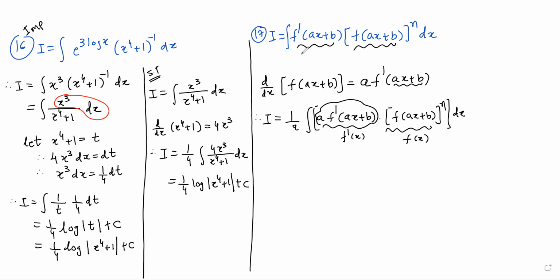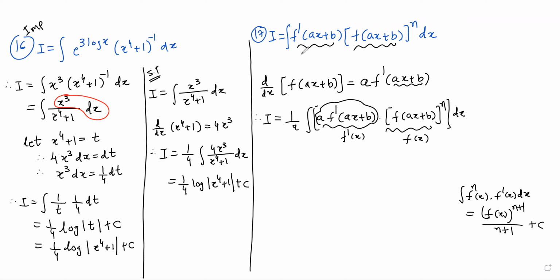So what is the original formula? Integration of f x into f dash x dx is equal to f x raised to n plus 1 upon n plus 1 plus c.